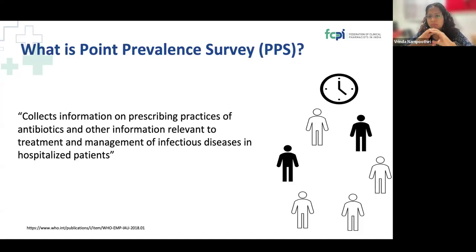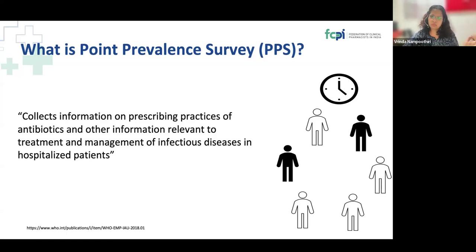To understand PPS, there are some key aspects that you need to first be aware of. First, point prevalence survey gives you an idea about prescribing patterns or prescribing behaviors at a point in time. Say you're conducting a point prevalence survey in a medical ward in your hospital at 8 a.m. on a particular day, you only see the prescriptions of antibiotics which are active at 8 a.m. on that day.